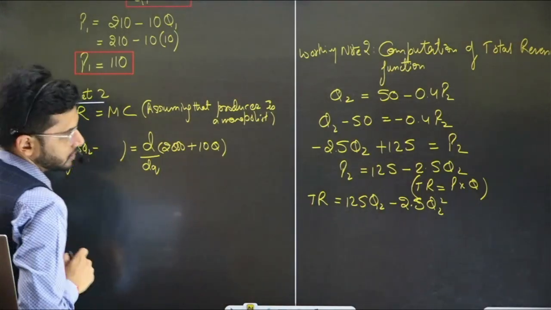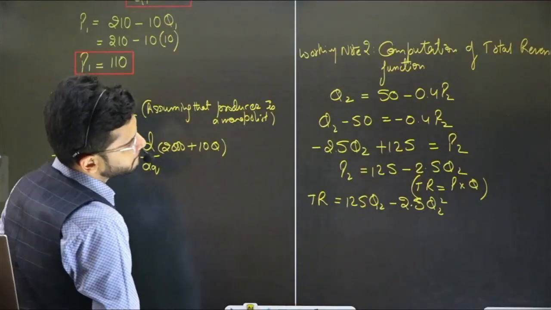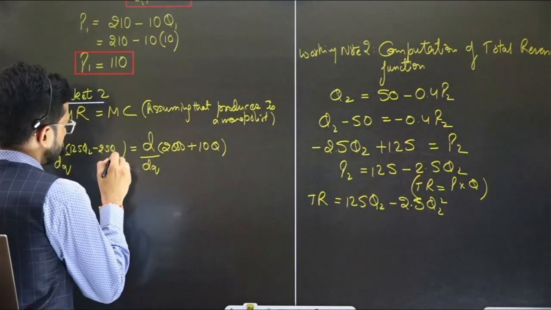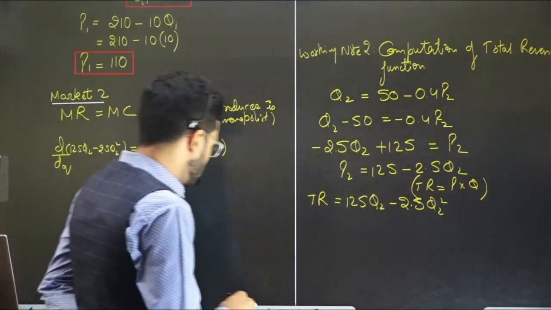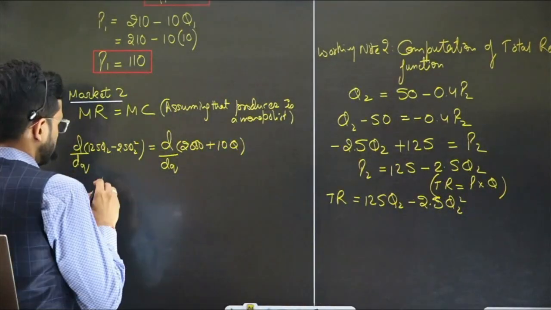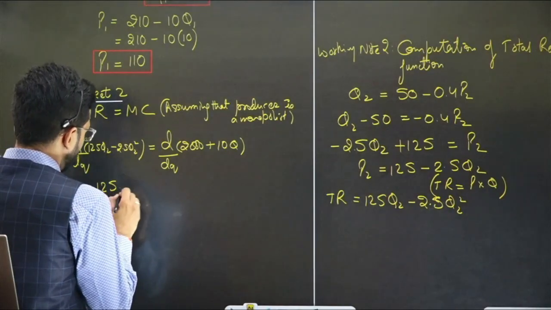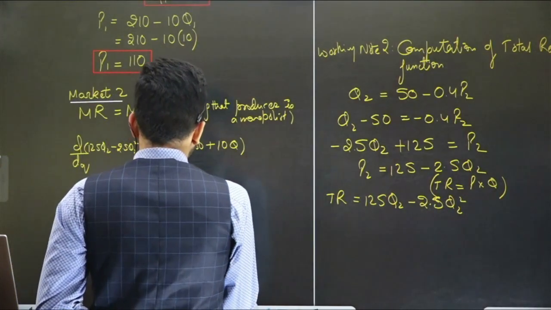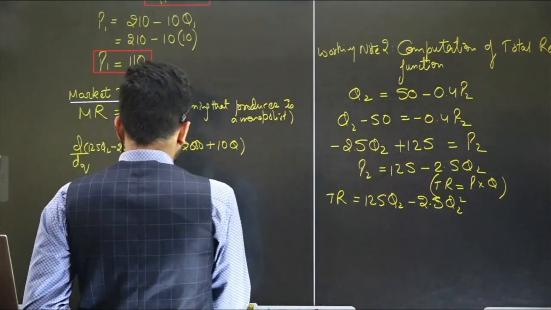So TR is 125 Q2 minus 2.5 Q2 square. I will differentiate to get marginal revenue and equate it with marginal cost. So marginal revenue becomes 125 minus 5 Q2, and marginal cost becomes 10.